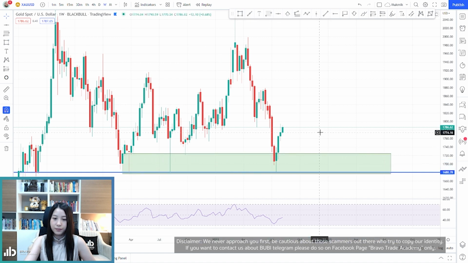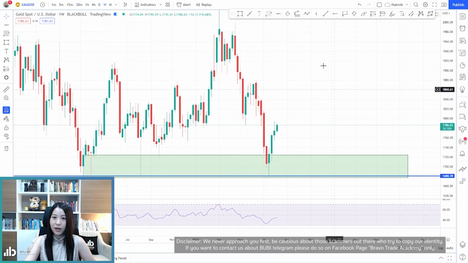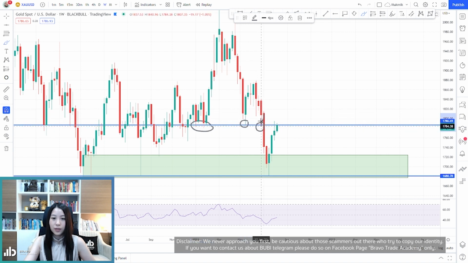But now the price has reached our significant resistance in the weekly time frame, which is at around 1786. The price used this as a support for quite a while. Once it crossed this support, it turned itself into resistance.